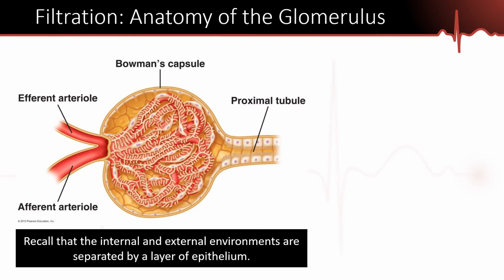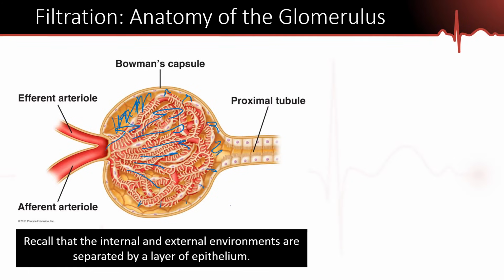So what we addressed in the last lecture was that as blood travels through the glomerulus, due to the Starling forces, namely glomerular hydrostatic pressure, lots of blood plasma leaves the glomerulus and goes into Bowman's capsule.